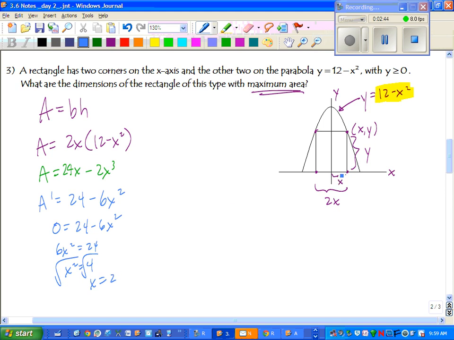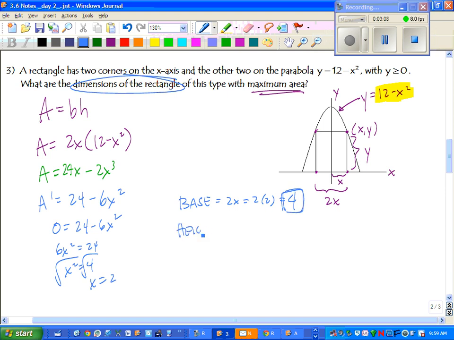So x is 2, but let's look back and figure out what are we trying to find. It says what are the dimensions of the rectangle. So that's not even a dimension of the rectangle. We're not done yet. The dimensions are going to be the base, which is 2x. So 2 times 2, we get a base of 4.